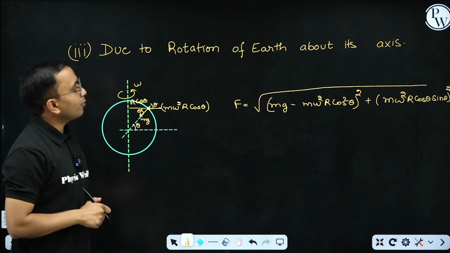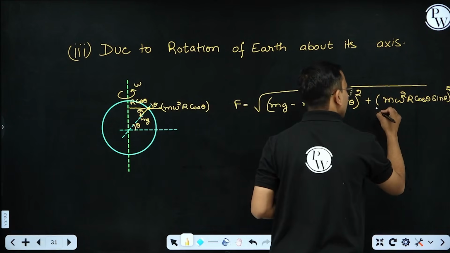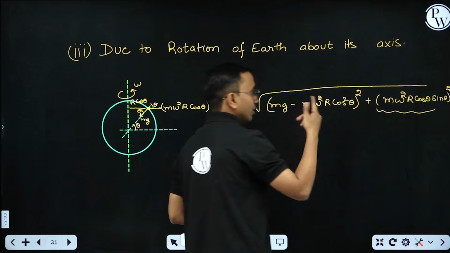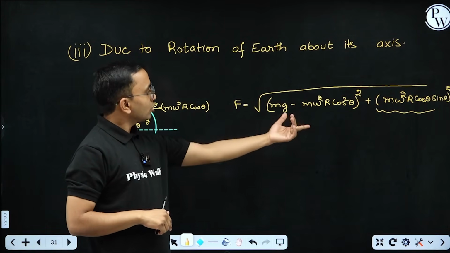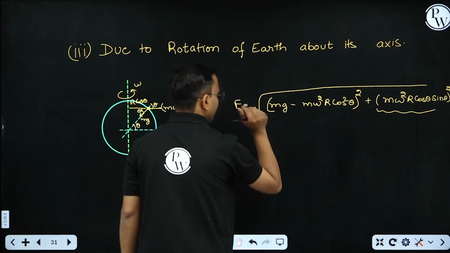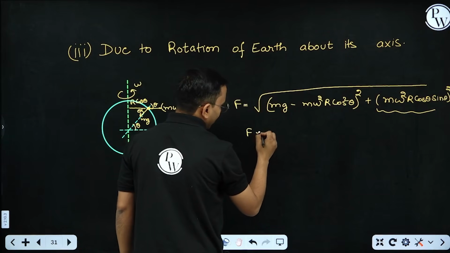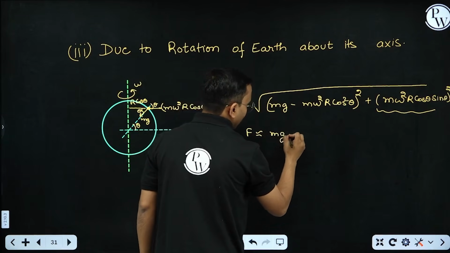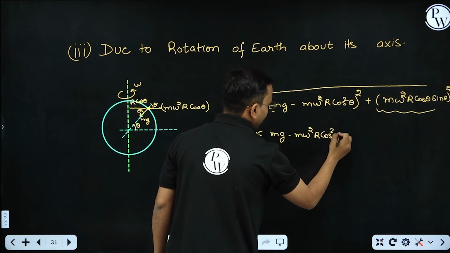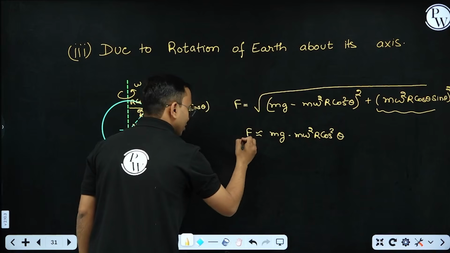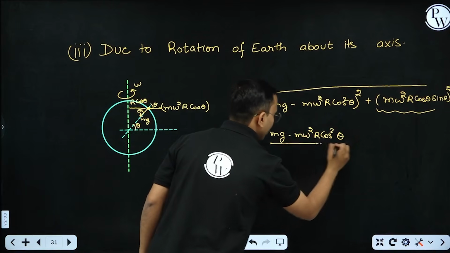Now, if you talk about this second term, this is very, very small, so we can neglect that in front of this first term, and this F nearly comes out to be mg minus m omega square r cos square theta. And if you want to find the acceleration, divide this by mass m.